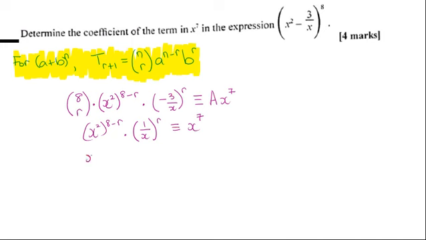So let's use our knowledge of indices. x squared to the 8 minus r is x to the 2 times 8 minus r, which is 16 minus 2r, times this 1 over x. I'm going to rewrite it as x to the negative 1. Using our indices rules again, since we're multiplying two things with the same base, we're going to add their powers.